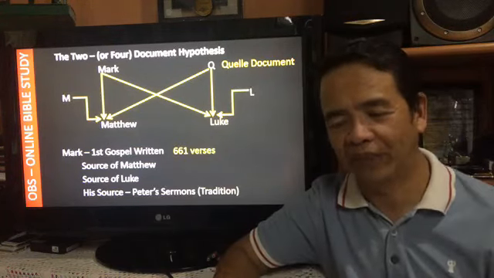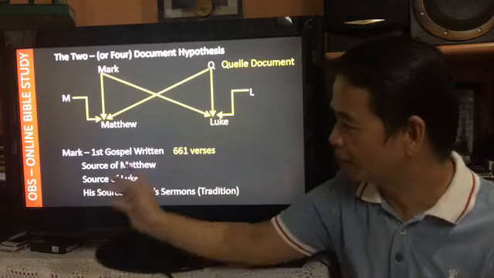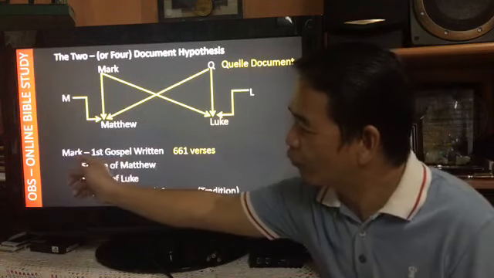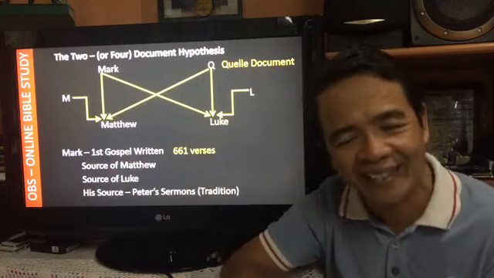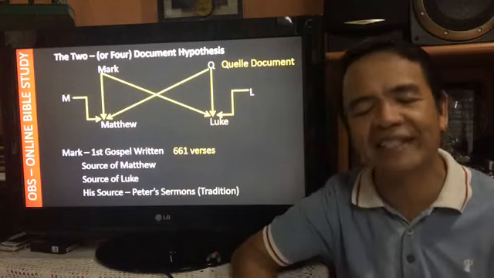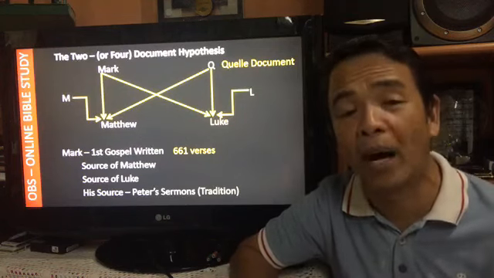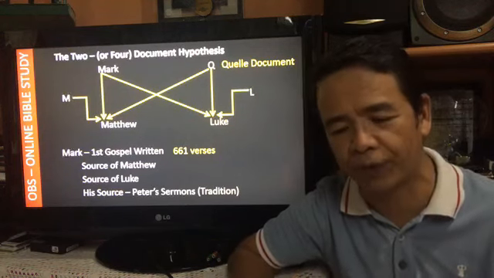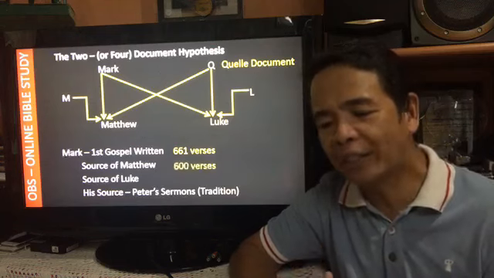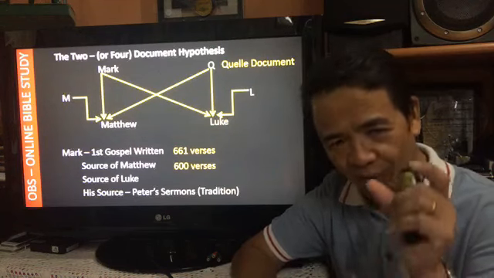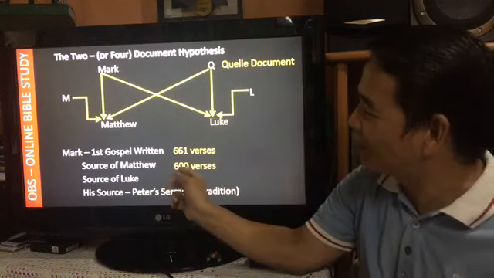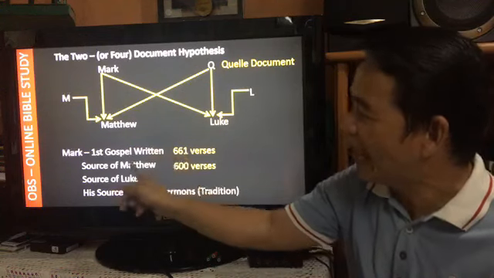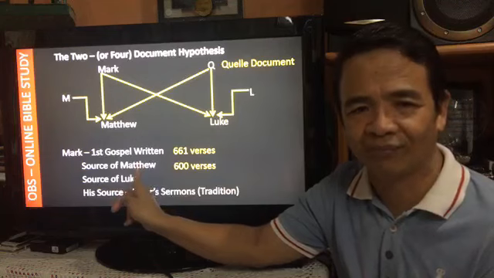One thing more, I've taken this from the Holman Bible. Listen to this: out of the 661 verses that Mark has, in the entire 16 chapters, Matthew borrowed 600 verses. That is 90%. 600 verses of 661 are in Matthew.